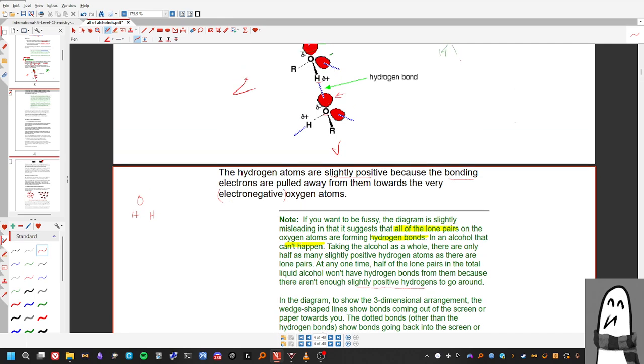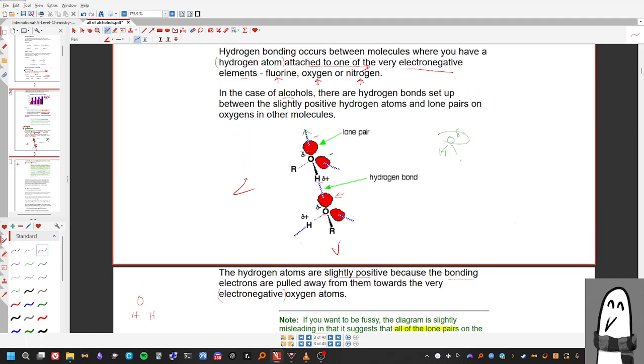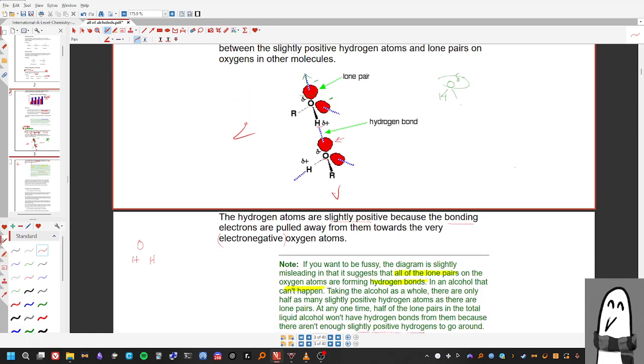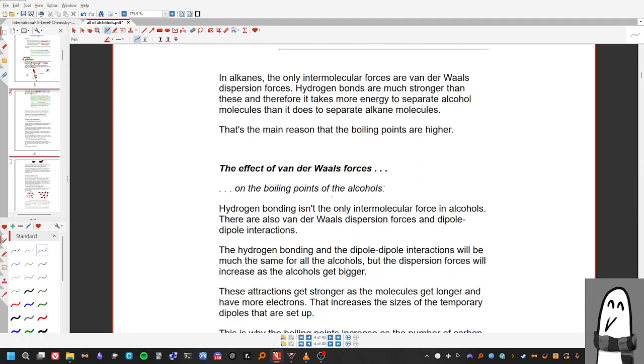However, I thought since there are two lone pairs, oh, whoops, that's not H2O. My fault, guys. We're talking about OH, not H2O. Two lone pairs, only one hydrogen. Okay, my bad. We're learning.